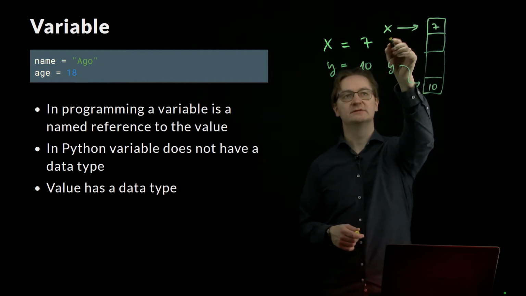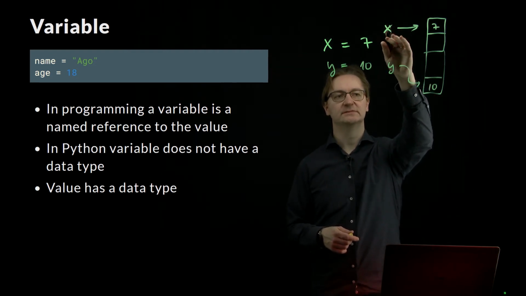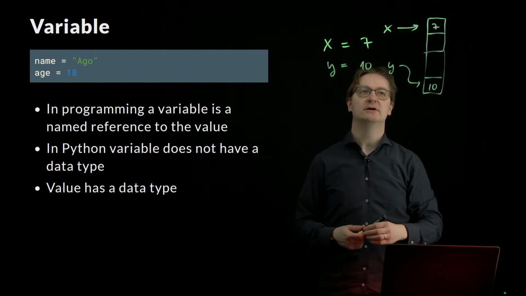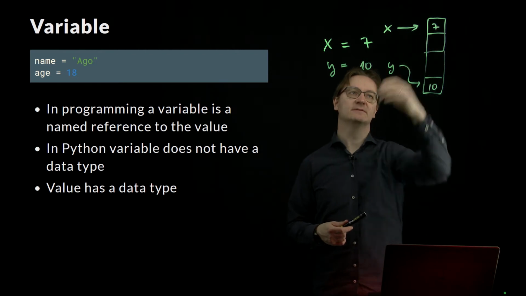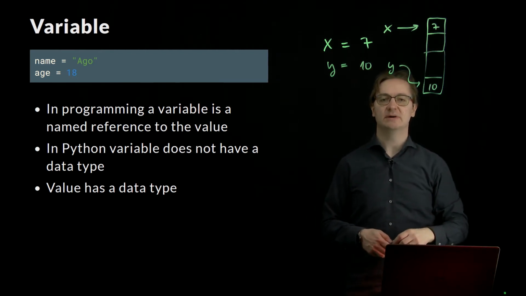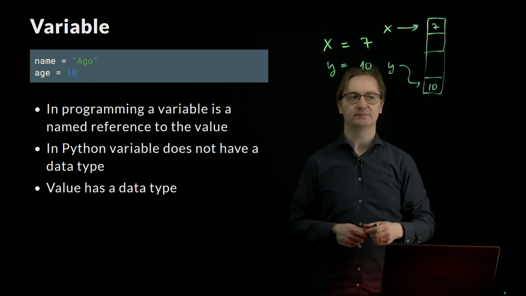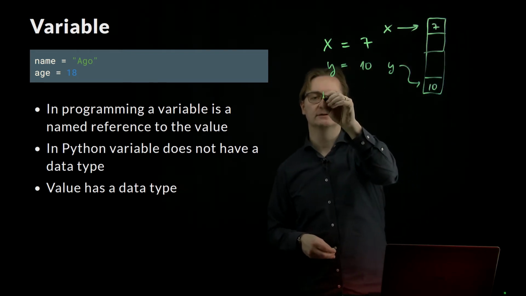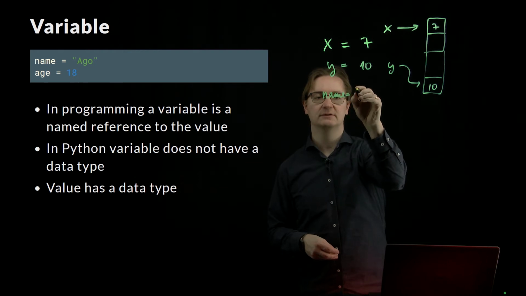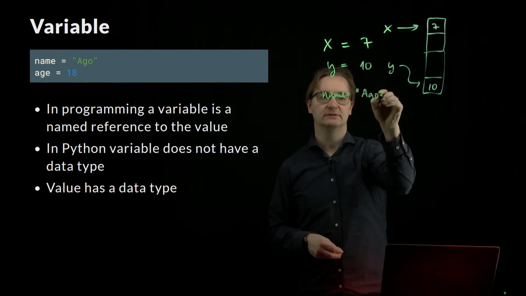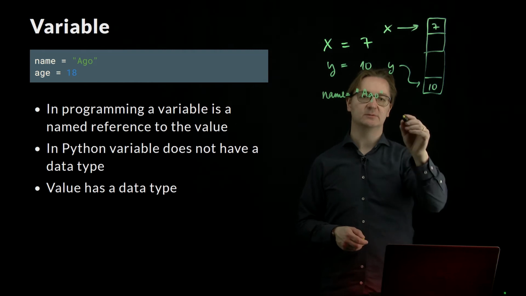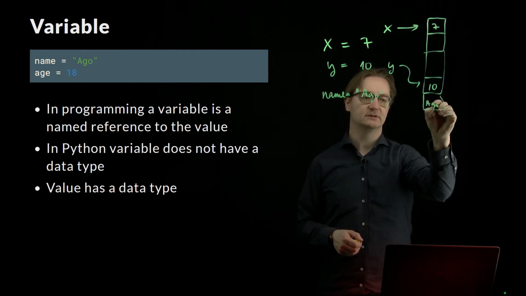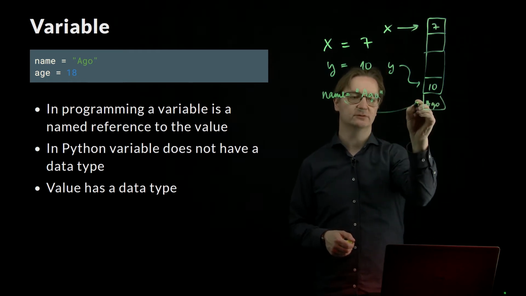And the variables are only the names. They don't know what's inside the memory where they refer to, but the value inside the memory has the data type. So here we can say that this is a number, but if I have a name, that's my name here, then we can say that somewhere in this memory there is this value, and the name points to this value here.